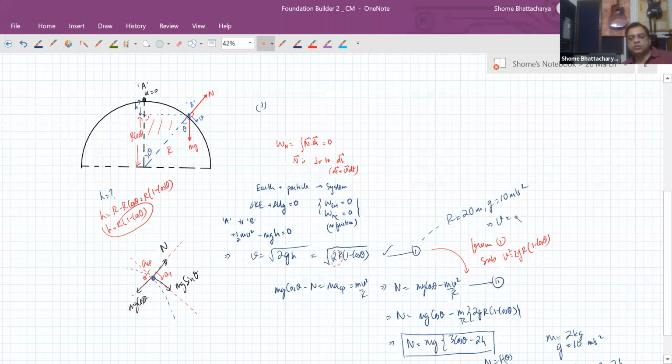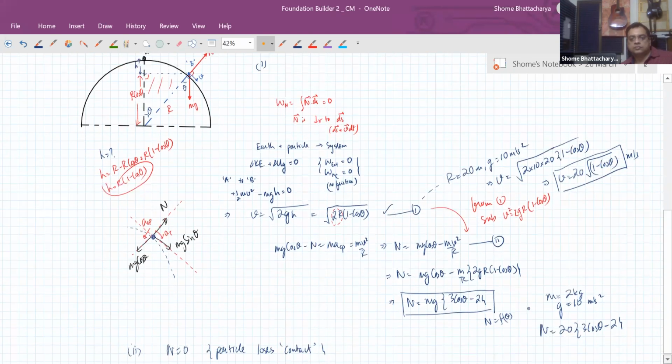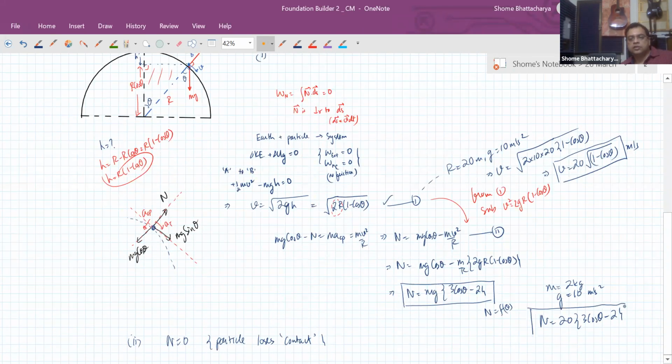So v is equal to square root of 2gr into 1 minus cos theta. Numerically, v's value is 20 into square root of 1 minus cos theta in meters per second. We'll be requiring this in the second part. The particle loses contact when normal reaction becomes zero.